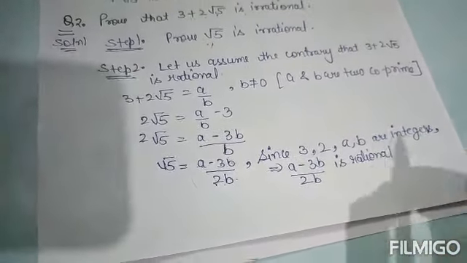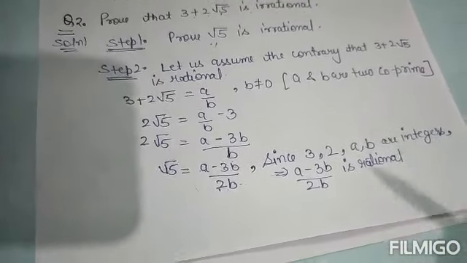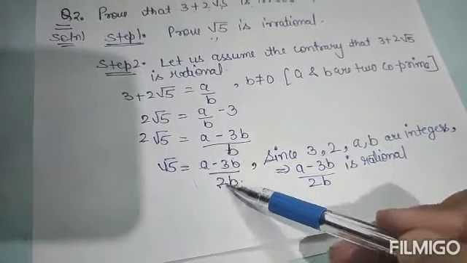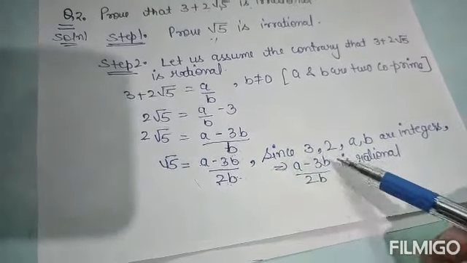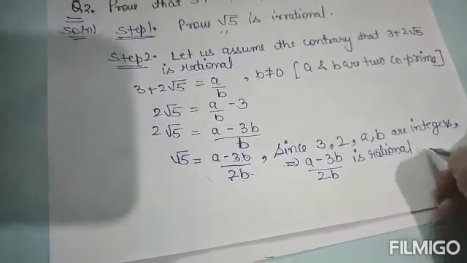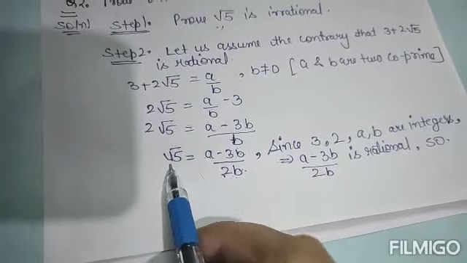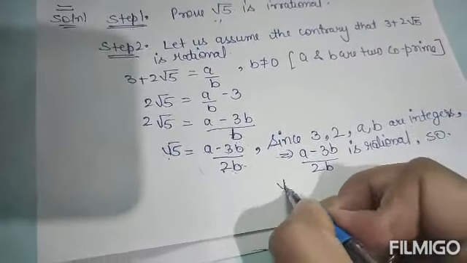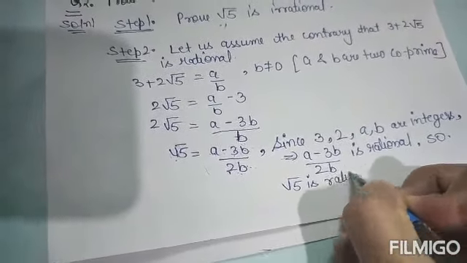You know, a number is rational if it is written in the form of p by q, where both p and q are integers. So look, this is p which is an integer, this is q which is an integer. That means p by q form, and that means this whole is a rational. So that means कि square root of 5 is also rational, क्योंकि ये तो इसके equal है. So root 5 is rational.